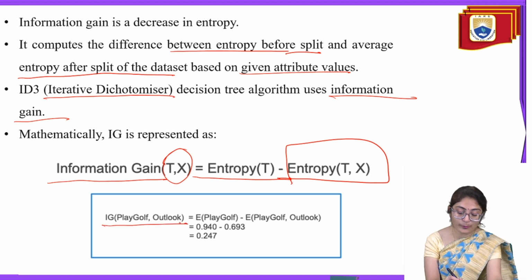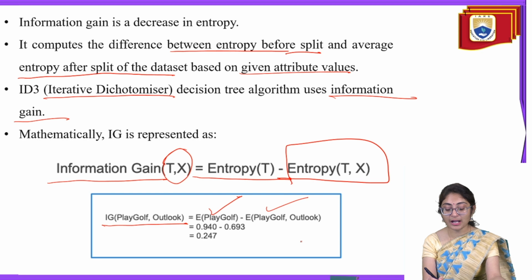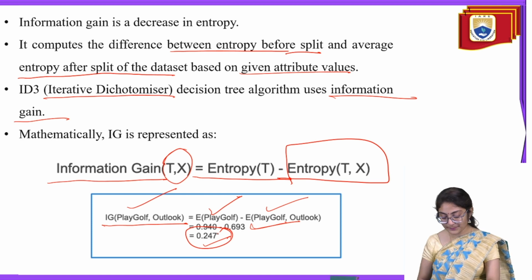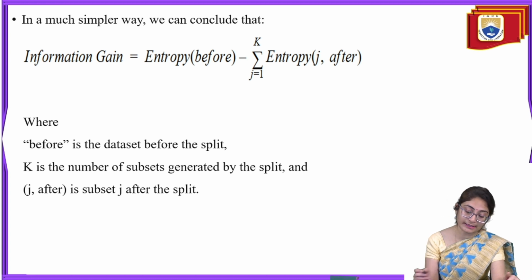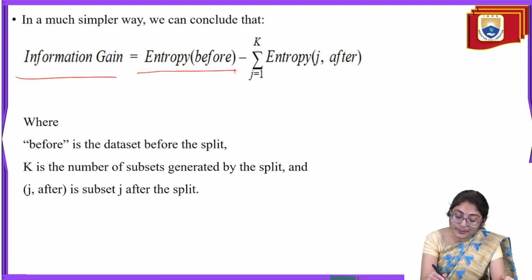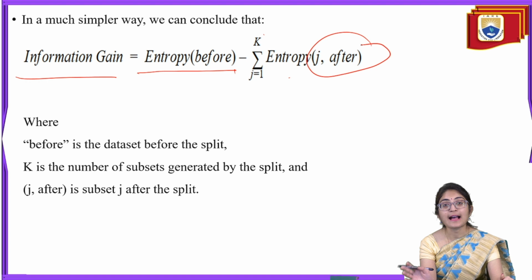IG of play golf comma outlook is the entropy of play golf minus the entropy of play golf comma outlook, and all these values you have already found. Now the information gain value is 0.247. In a much simpler way, we can conclude that information gain is equal to entropy before minus the summation of j equal to 1 to k of entropy of j after.